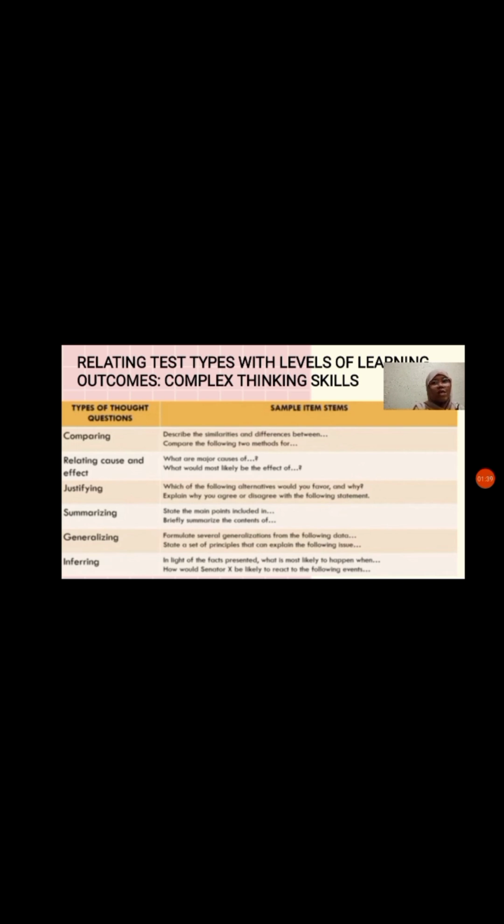So these are examples of supply type and selected type that can elicit higher order thinking skills. So for comparing, you may ask the question, describe the similarities and differences between. Compare the following two methods for.